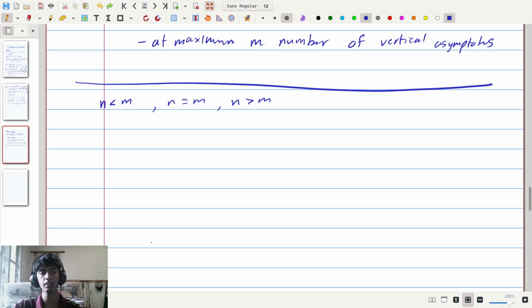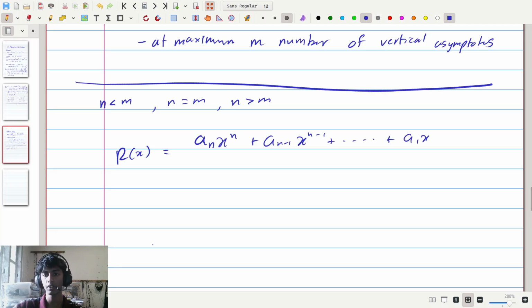If we take what R(x) is, R(x) is going to be equal to, let's say, a_n x^n + a_(n-1) x^(n-1) + ... all the way down to a_1 x + a_0.